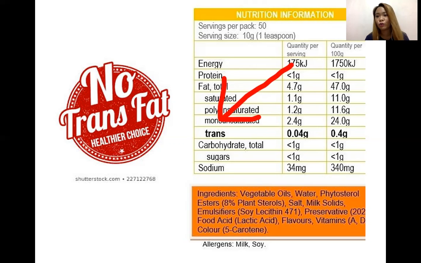Usually they just tell you how many are trans. If there is no trans, then all of those will be 0. Okay, so all of the food that you eat actually has a bit of fat. You just have to choose what kind of fat you take in. So if you're choosing, the healthier choice is always the unsaturated cis fatty acids.